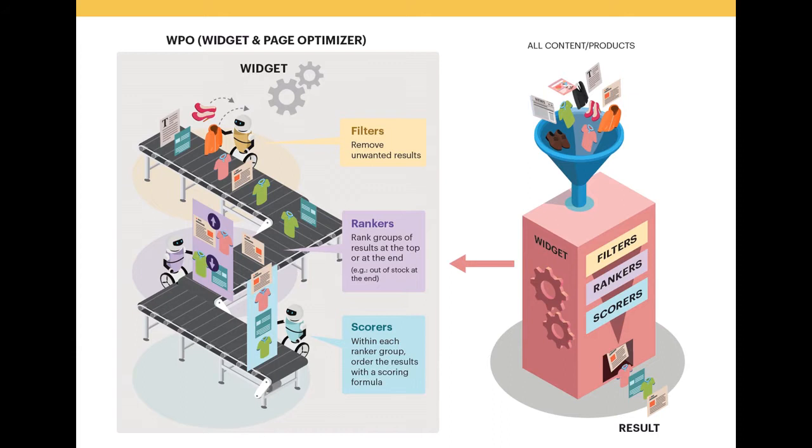Then we have rankers. What rankers do is that they don't remove products, but they make sure that they are either at the end or at the beginning of the list that is shown to the user.